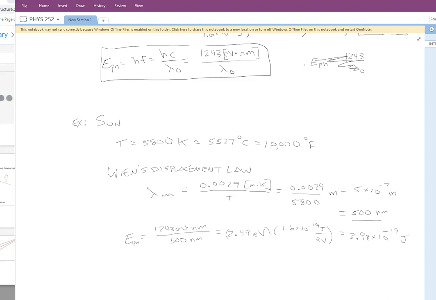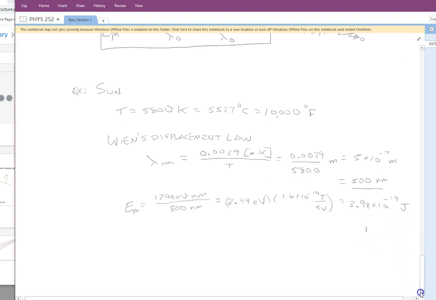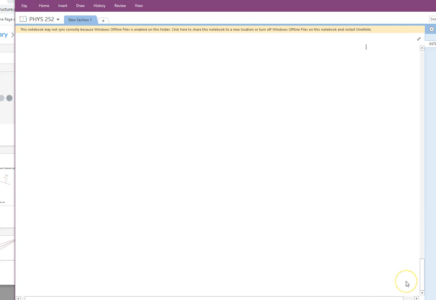Okay, so what I want to do now in this video is let's talk about how the energy is actually being delivered in terms of the rate of energy delivery, the power. So let me scroll down here and get some more space. So what I'm envisioning is there's an emitter here of light, and it's delivering electromagnetic radiation.